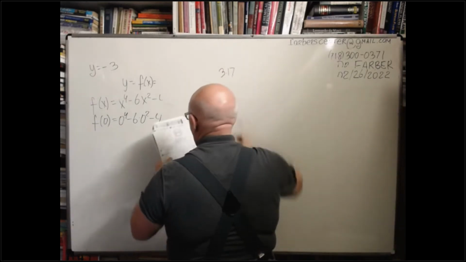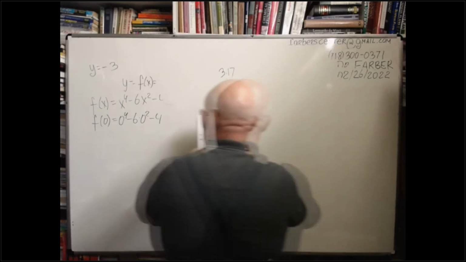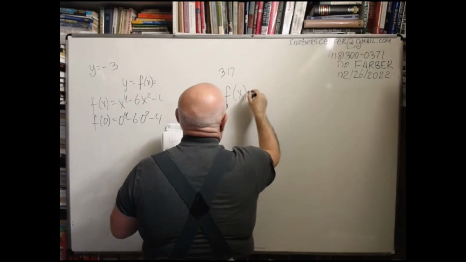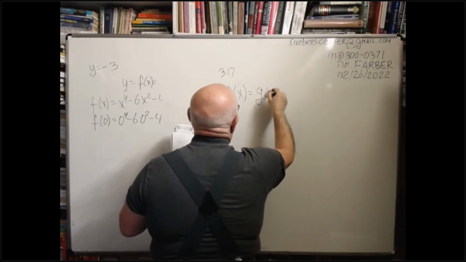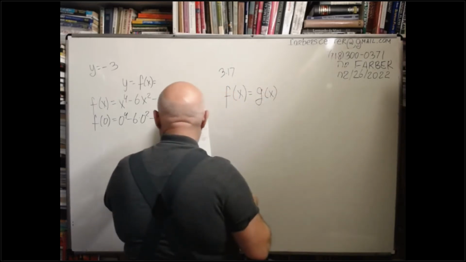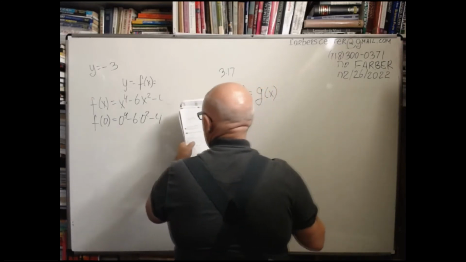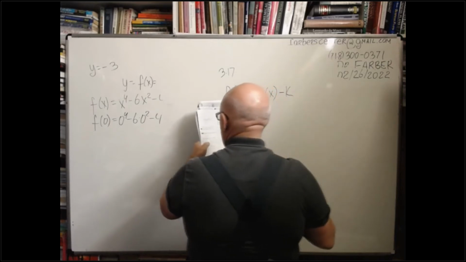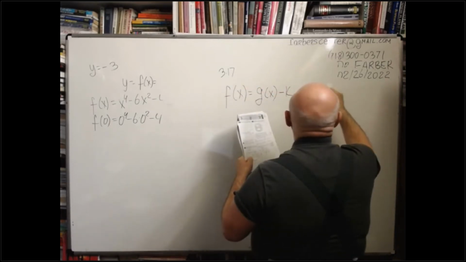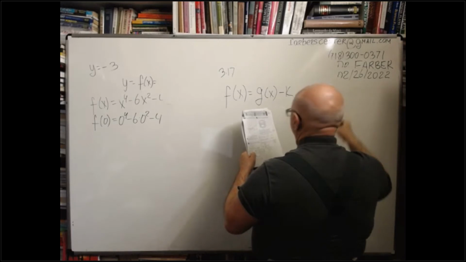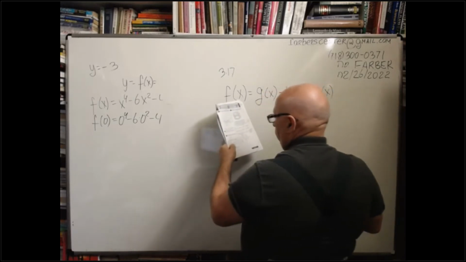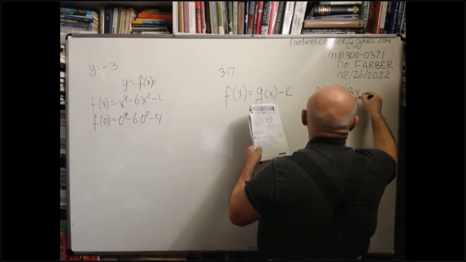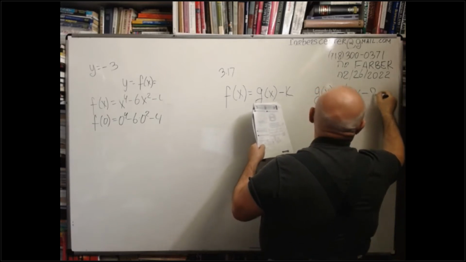What do we have in 317? f of x equals g of x minus k, and g of x equals the square root of 3x minus 2.